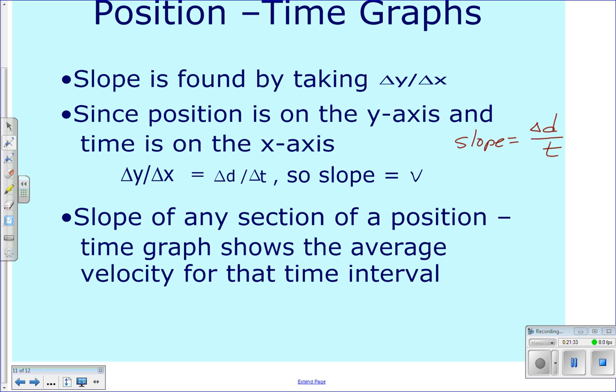So slope is delta y over delta x, which is d over t, and that means that the slope is equal to the average velocity of the car, or whatever object we're graphing. Okay, so the slope of any section on a position time graph shows us the average velocity for that time interval.